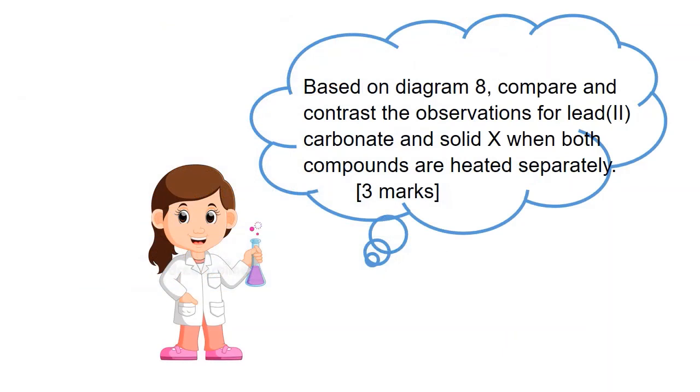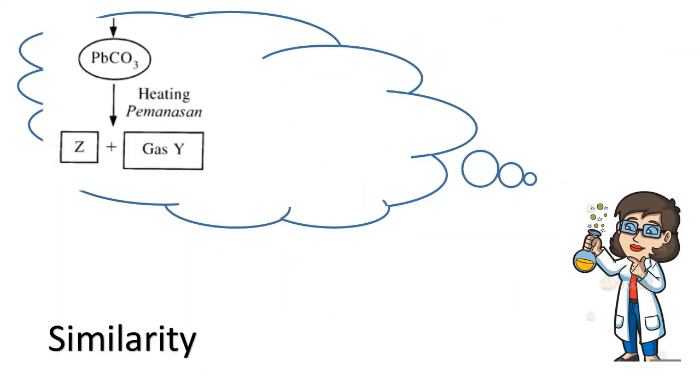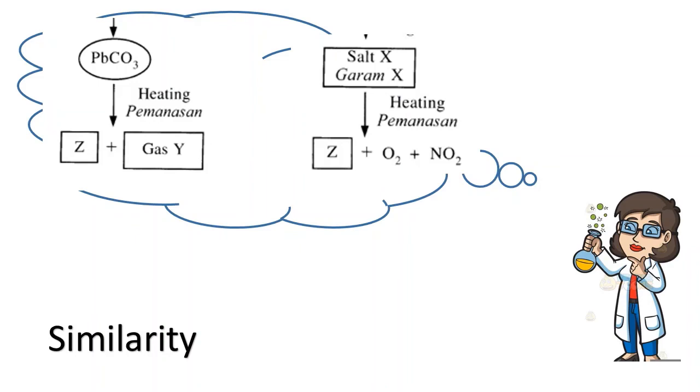Based on diagram 8, compare and contrast the observations for lead(II) carbonate and solid X when both compounds are heated separately. The heating of lead(II) carbonate produces Z and gas Y. Salt X also heated produces Z, oxygen gas, and nitrogen dioxide gas.